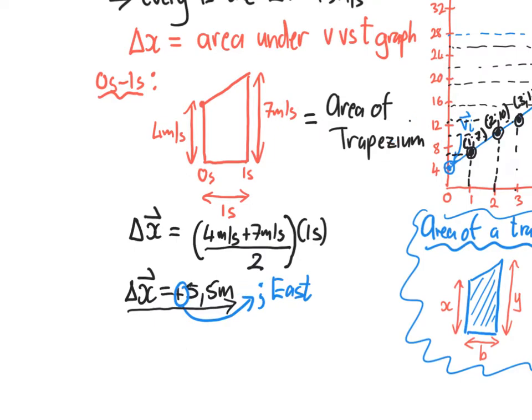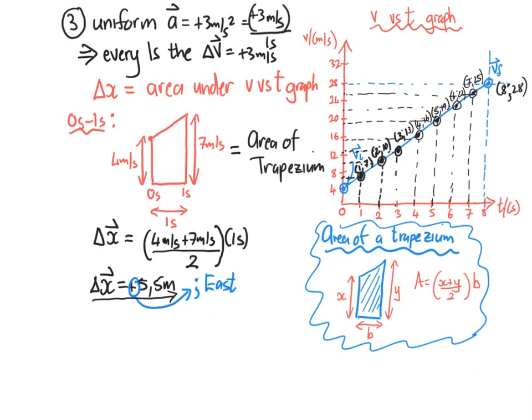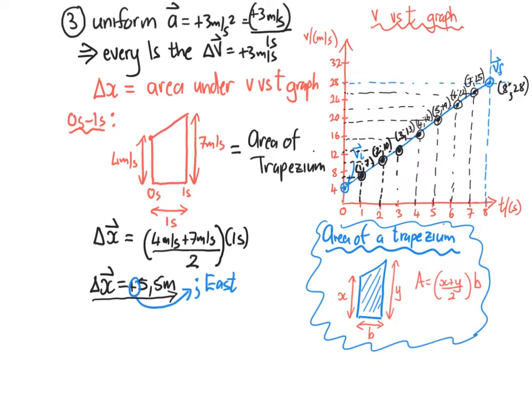So the area of a trapezium is a little bit more complicated. You can think of it as the area of a rectangle plus a triangle.